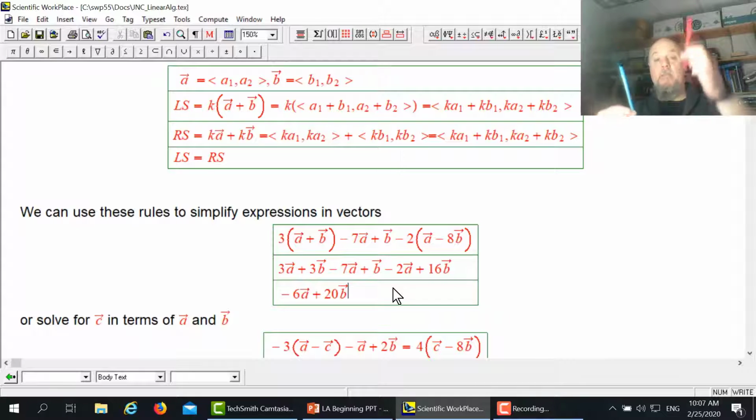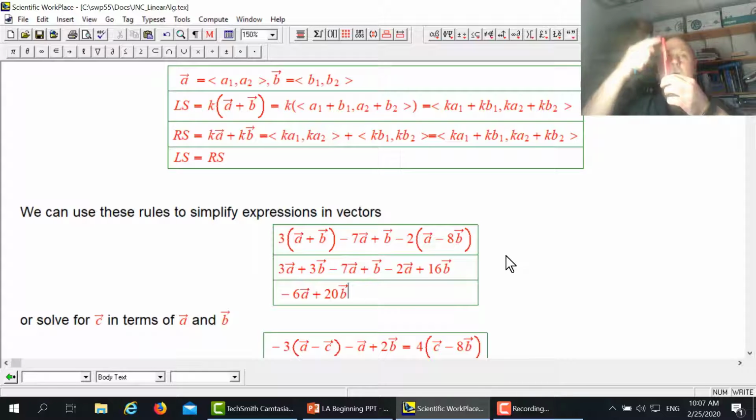So if I have vector a and vector b, this expression means go backwards. If vector a goes that way, go backwards 6 vector b's, and then go forwards 20 vector b's, and that will make a triangle, and the resultant answer is this vector.